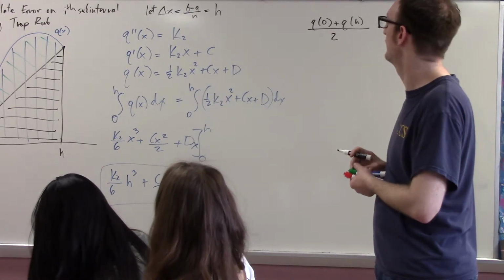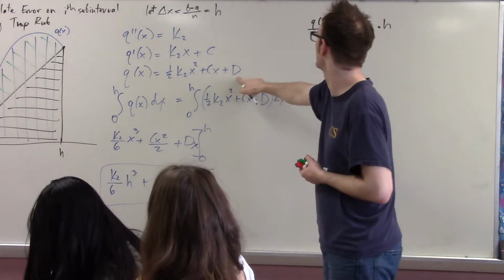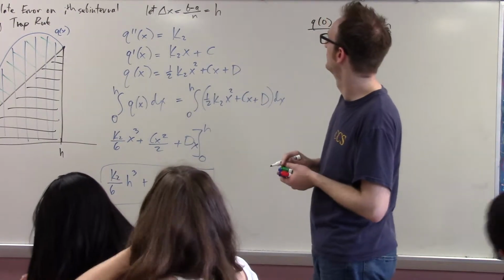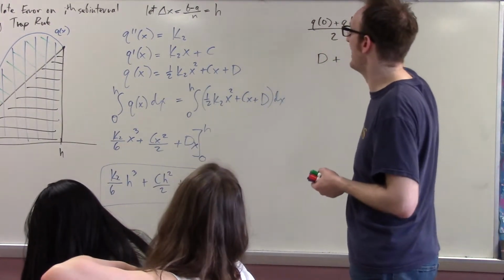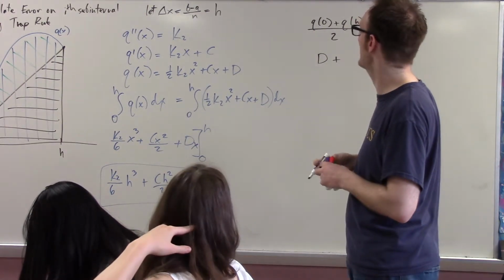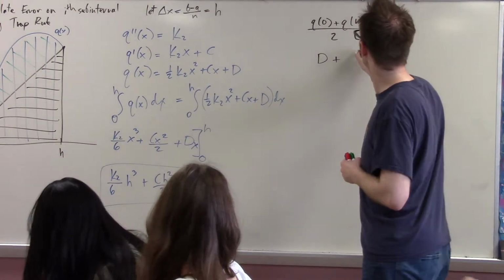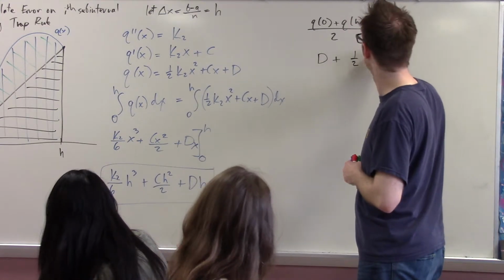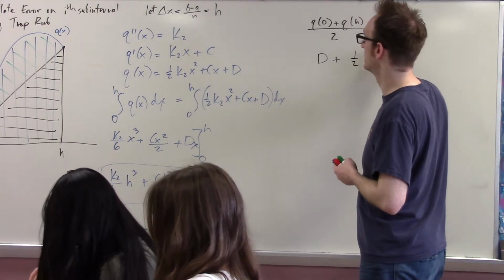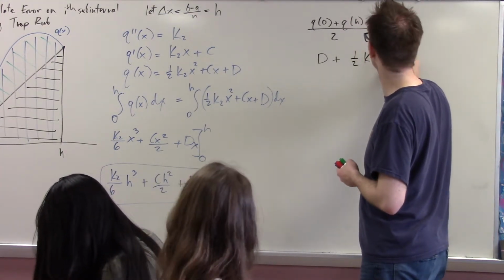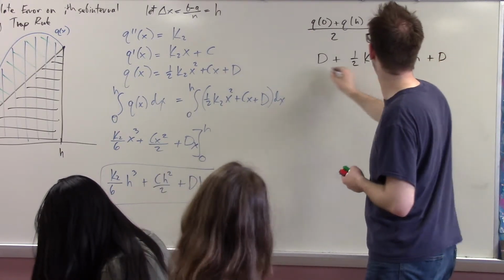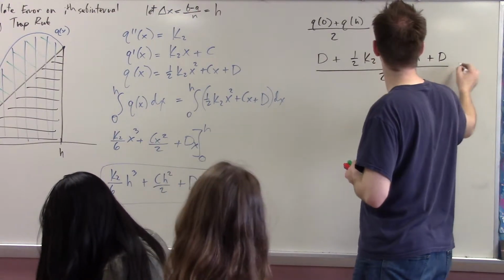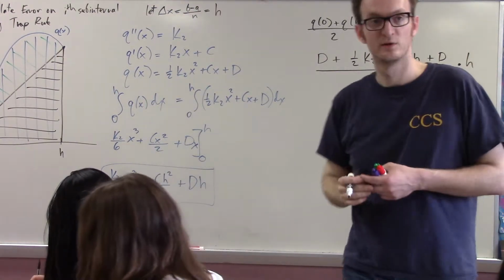It is f of 0, but we can just plug it directly into q. It's just d. And then q of h, plug that in also: 1/2 k2 h squared plus ch plus d, all over 2 times h.